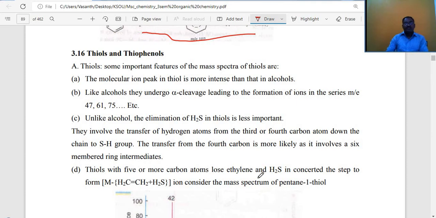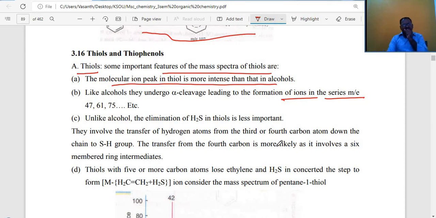Thiols and thiophenols. In thiols, some important features: the molecular ion peak in thiols is more intense than in alcohols. Like alcohols, they undergo alpha cleavage, leading to the formation of ions in the series m/e 47, 61, 75, etc. Like alcohols, the elimination of H2S in thiols is less important.